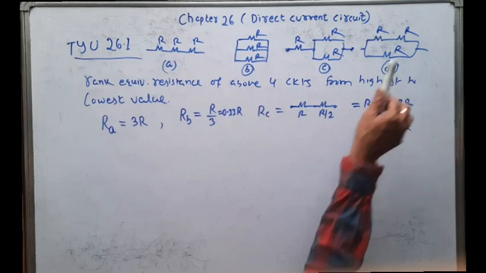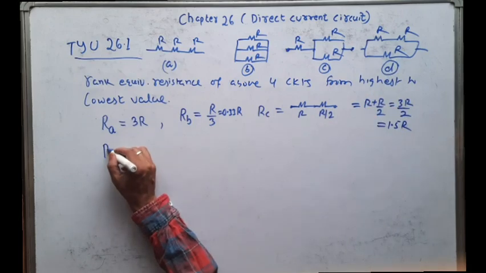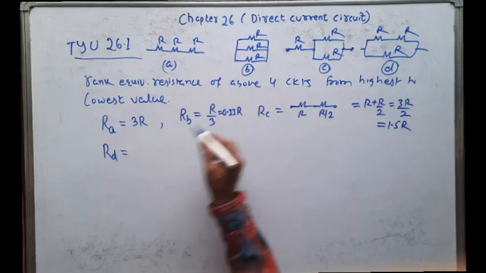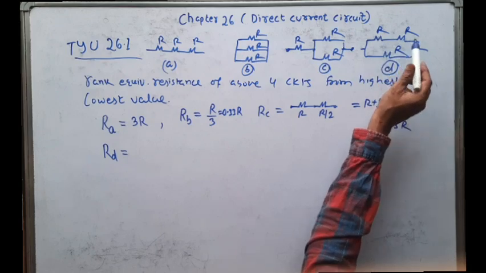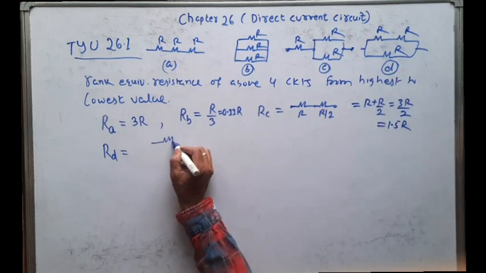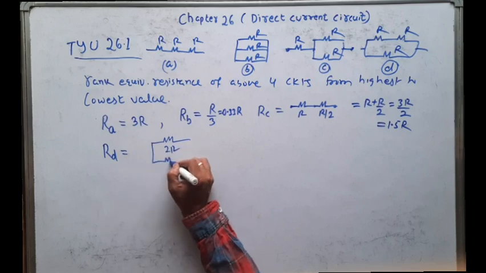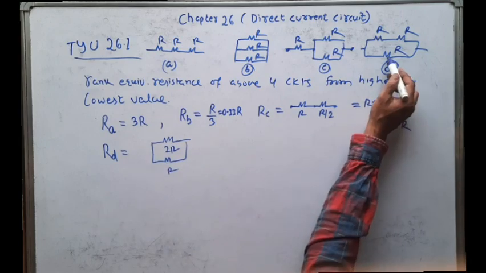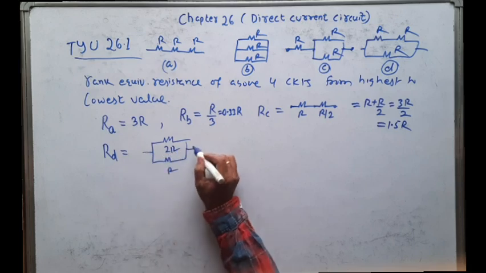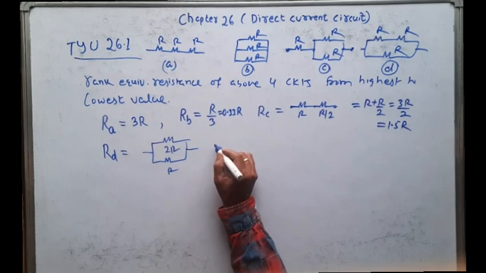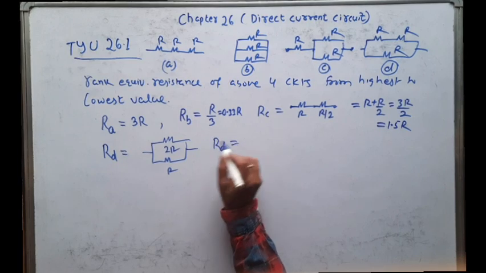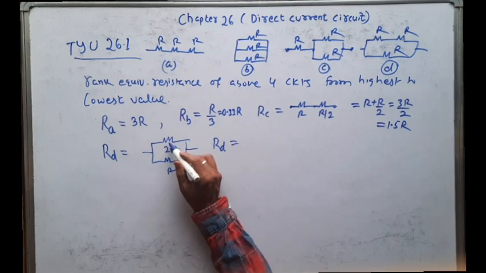So now come to figure D. In figure D, what is the equivalent resistance, RD? So here these are connected in series. Then what is the equivalent resistance? 2R. And here this resistance is R. So we have to find the equivalent resistance. So this is 2R, this is R. Then RD is equal to R1 into R2 by R1 plus R2.